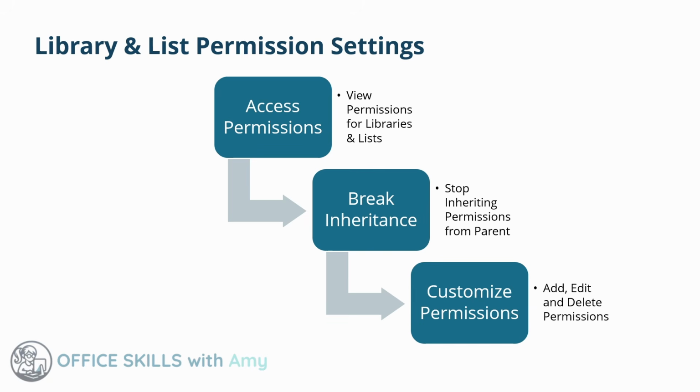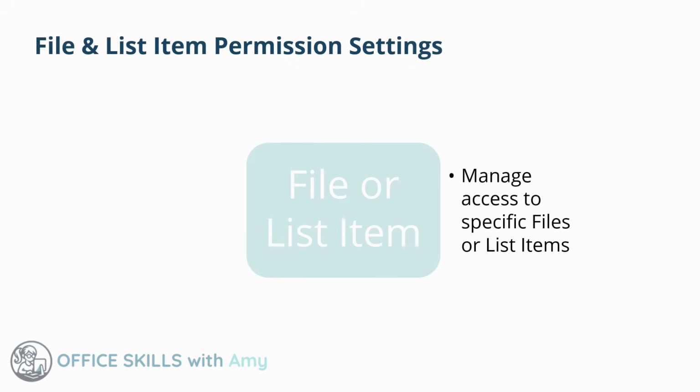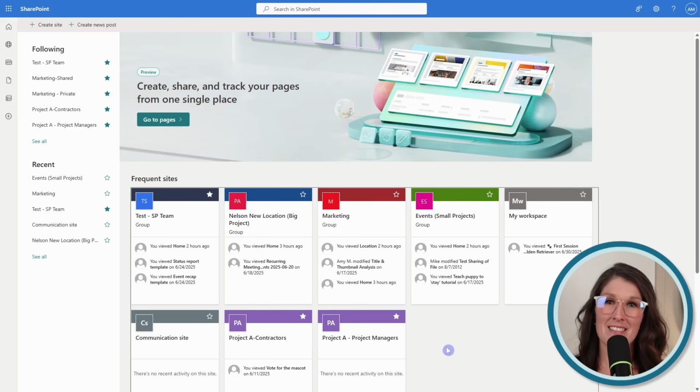Then we will see how we can break the inheritance from the parent site, and then how we can customize those permissions to our own preferences. And finally, we will finish off with permission settings at the file and list item level, where we can manage access to specific items.